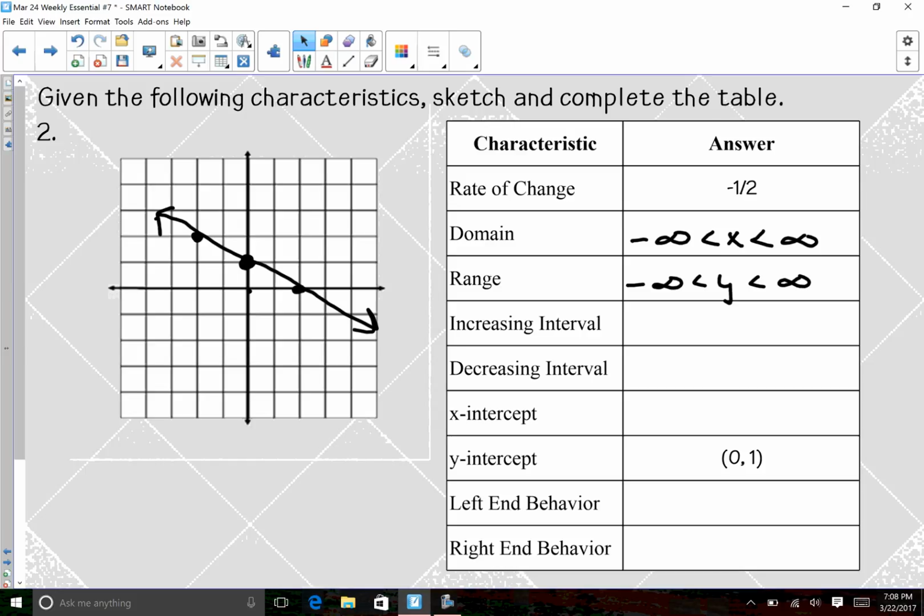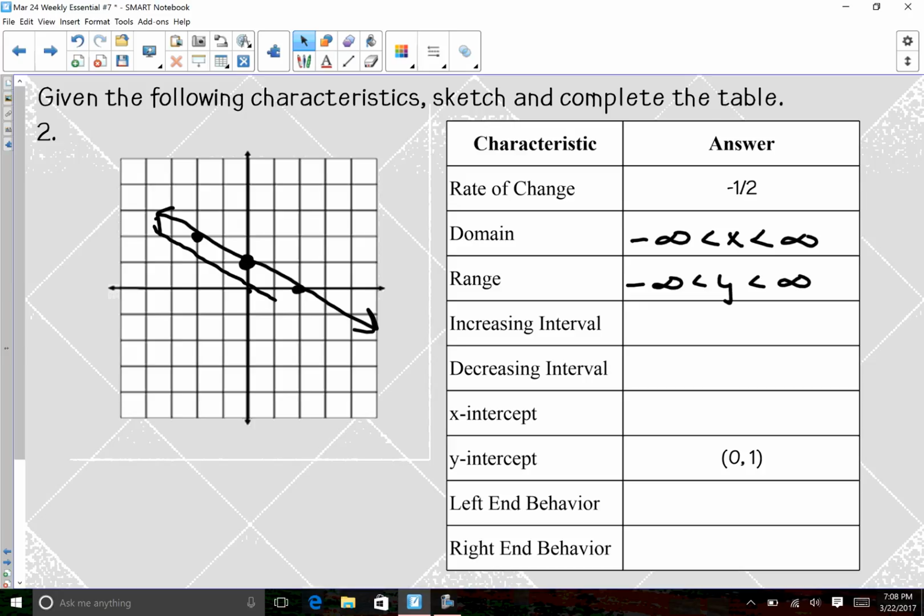The next thing we need to do is determine whether this line is going to increase or decrease. Remember, with a linear function, it's going to do one or the other. It's not going to do both. Well, if I start on the left side of my line and I trace, I'm just going to trace here.